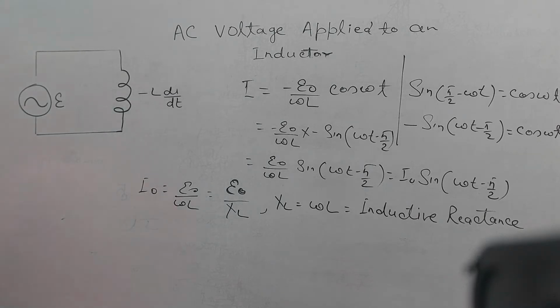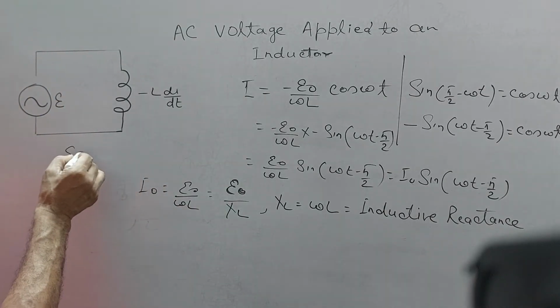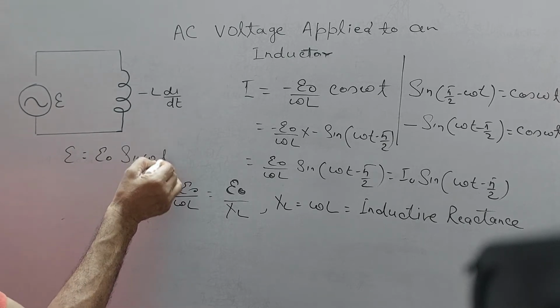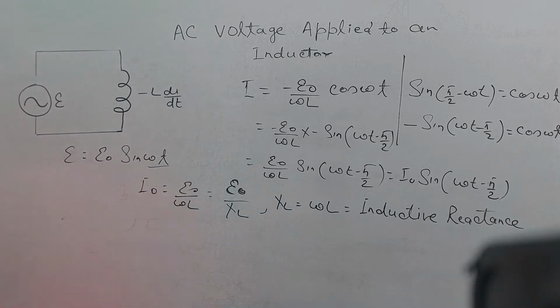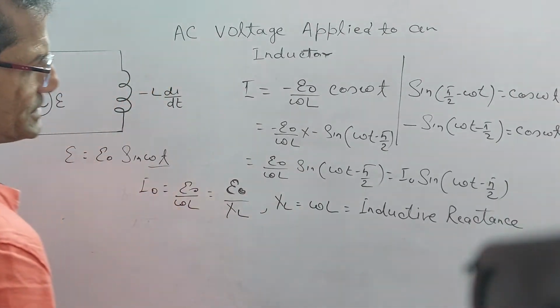Here if I see the value of the AC source voltage, which is E naught sin omega t, the phase angle is omega t, and for the current the phase angle is omega t minus 90.